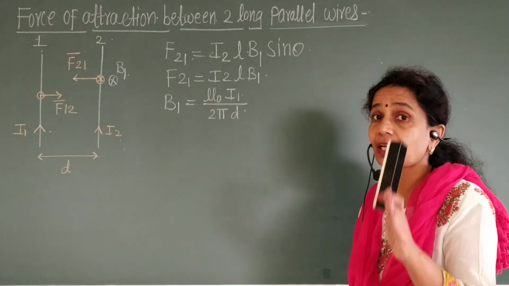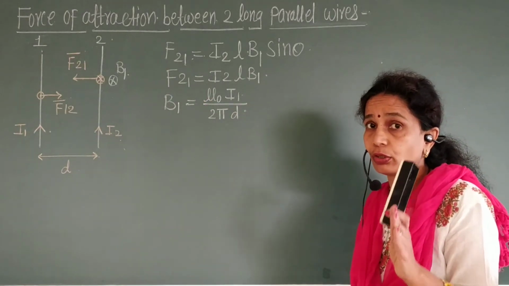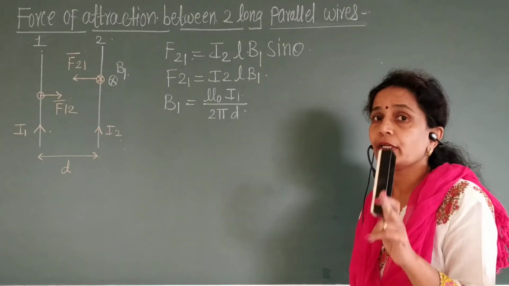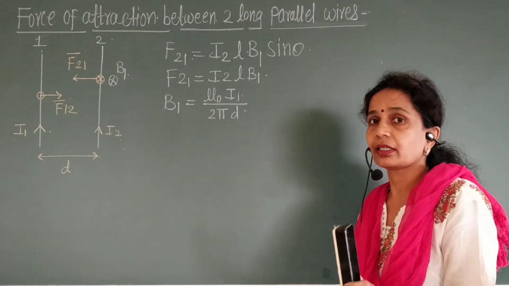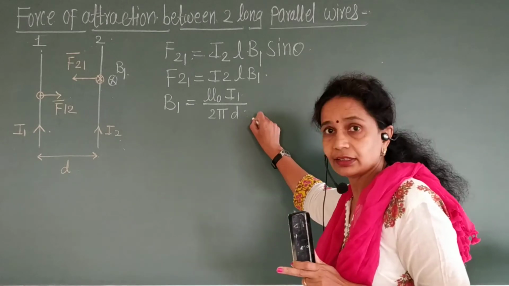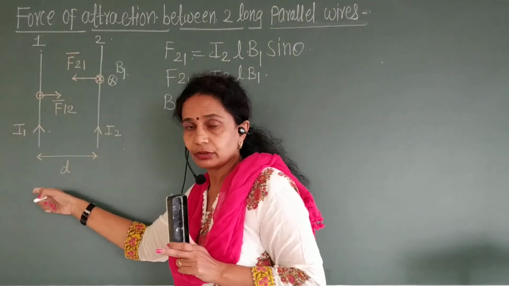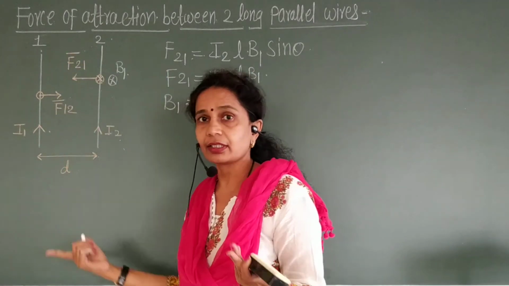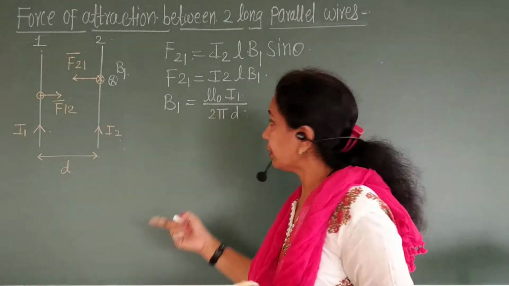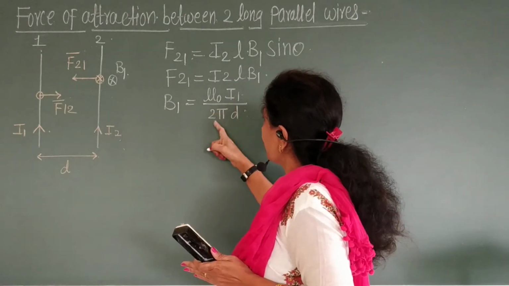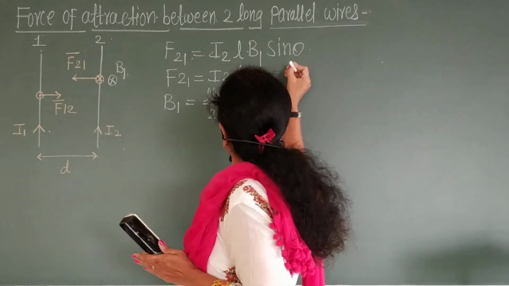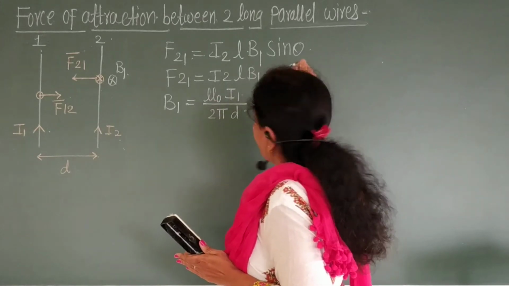This is the first application of the Biot-Savart law: magnetic field due to a straight conductor carrying current I is this value, and this is of course the straight conductor carrying current I1. Therefore mu0 I1 upon 2 pi d.